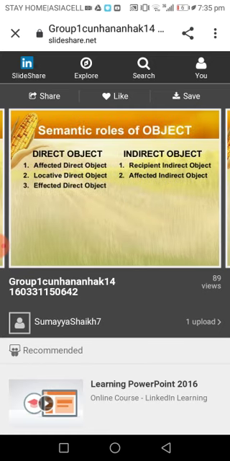Here we have the classification, or the categorization, for each one. Effective refers to direct object. Locative, direct object. Affected is totally from effective. Direct object. Recipient, indirect object. Sometimes it occurs in more than one position.